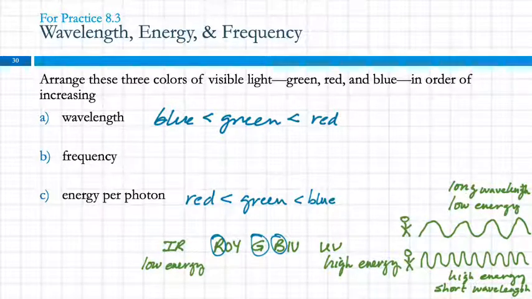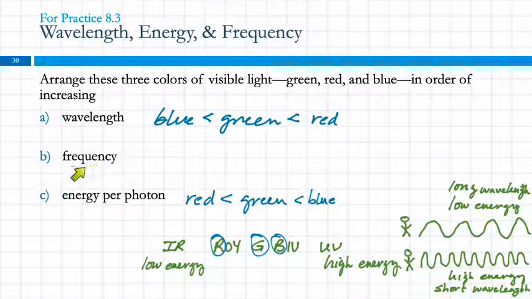So frequency is opposite of wavelength. It's inverse. So you could just say the frequency is inverse of the wavelength, so it's going to be the opposite order. Or you can think about the pictures: if I'm standing here and here, these two people, who's getting hit more frequently? These waves are going at the same speed. The guy at the bottom's getting hit more frequently, right? This is higher frequency, high energy, high frequency.